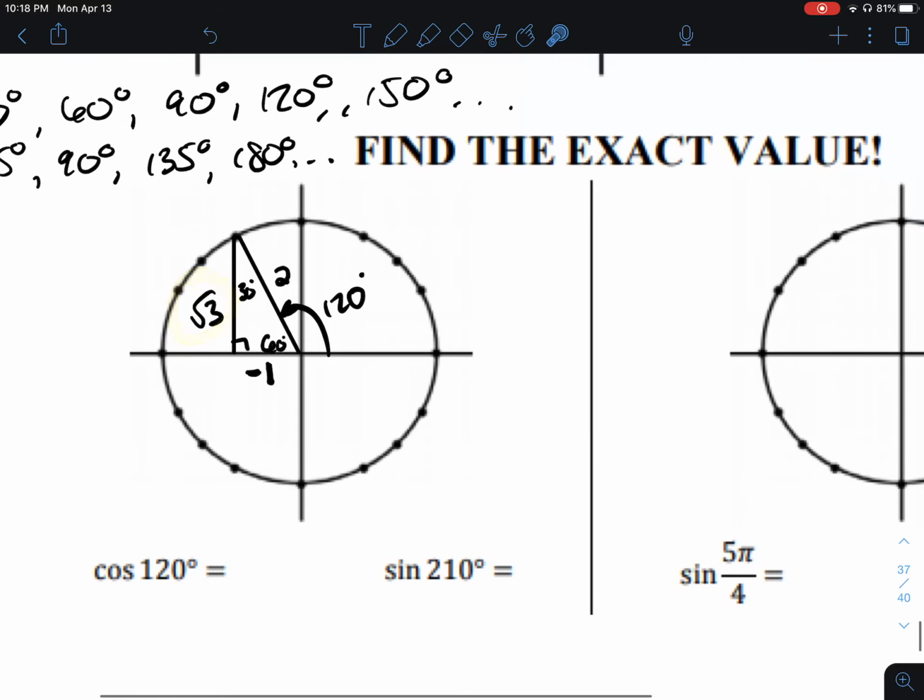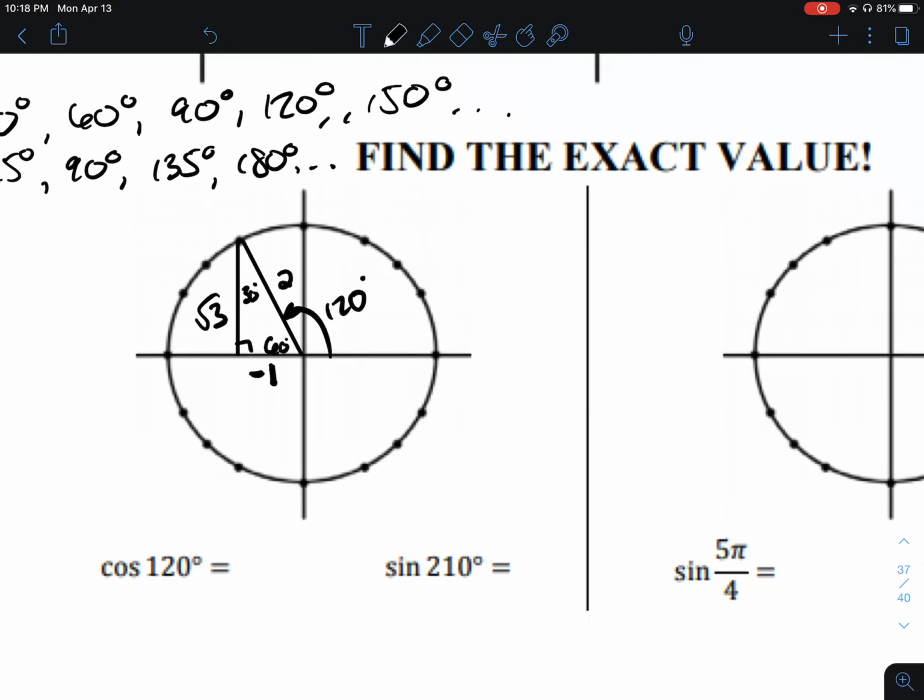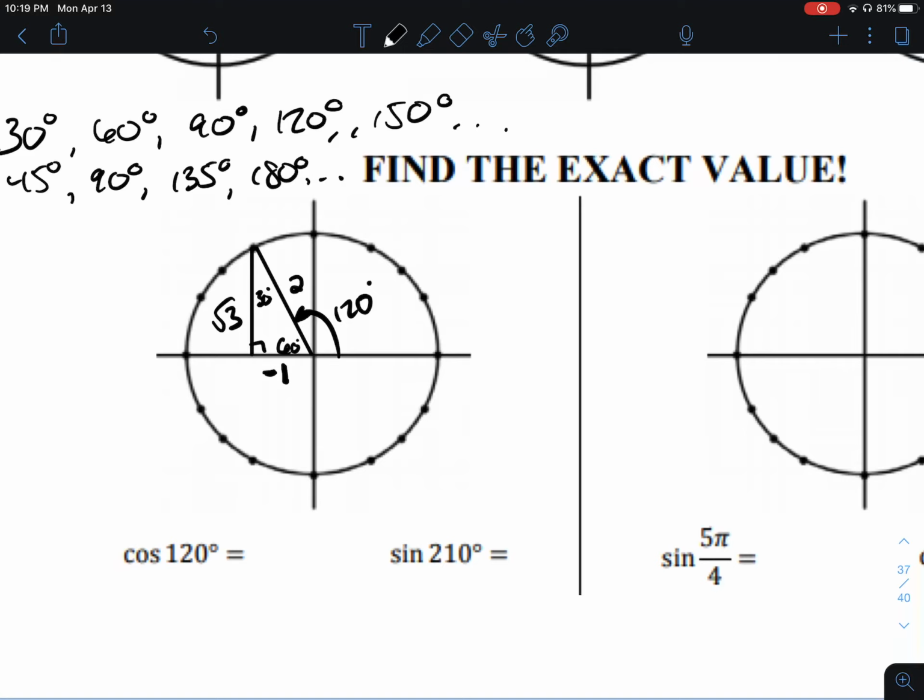We went up, and the radius is always positive. So what's cosine of 120 degrees? Easy. It's x over r. So that's negative 1 over 2. Cosine is x over r. It's the adjacent leg over the hypotenuse.